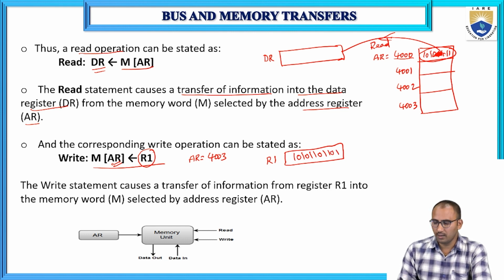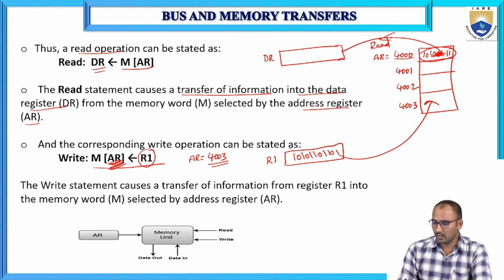This data we are storing inside the memory, and the address of the memory location is specified by the address register. What is the address stored in the address register? 4003.